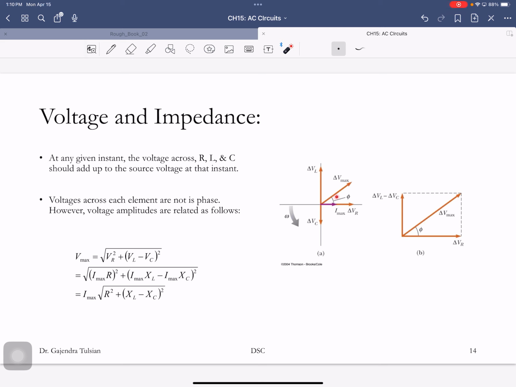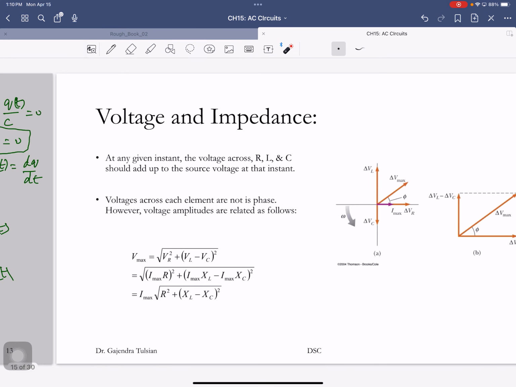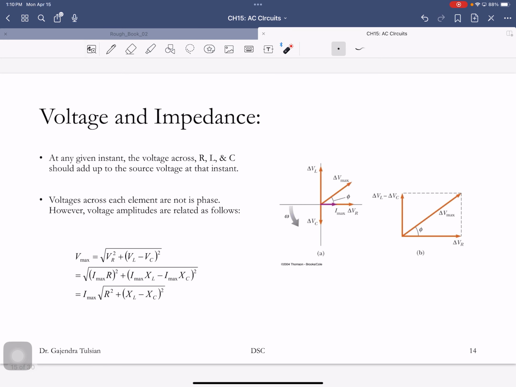In this setup, the current lags the voltage by phi. And these phasors are rotating. So you can either solve this differential equation or use this phasor technique to solve the problem.